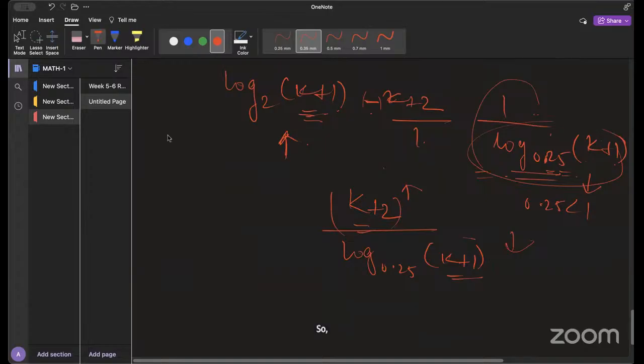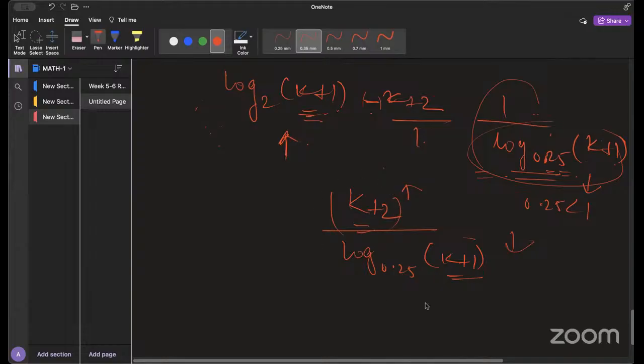Now if you know how graphs work, this is your log x graph, and this is this thing's graph. Even if you take it to be k plus 2, it's always greater than this thing. You can test it. If you don't want to do it this way, you can use some other logic.